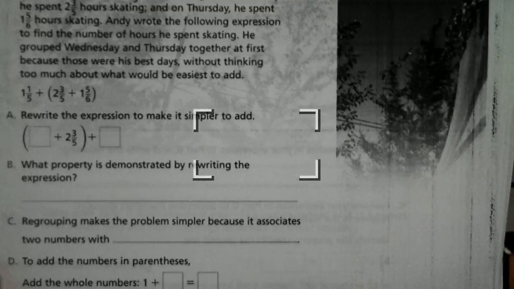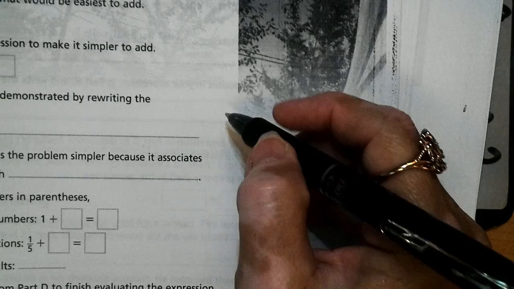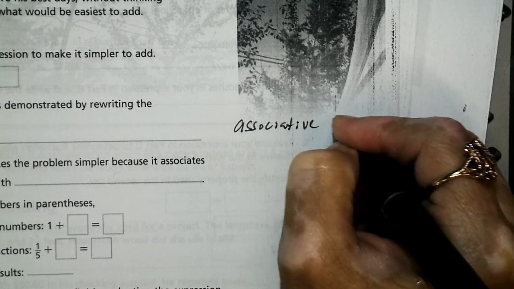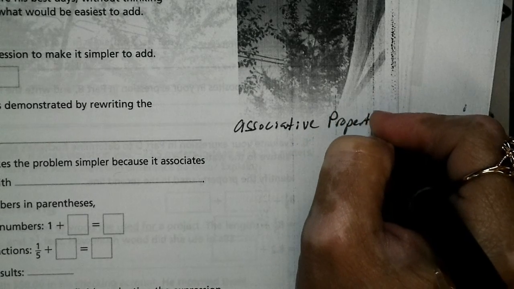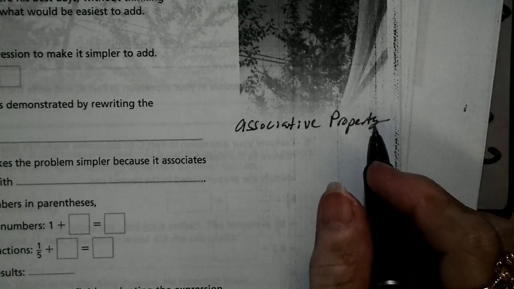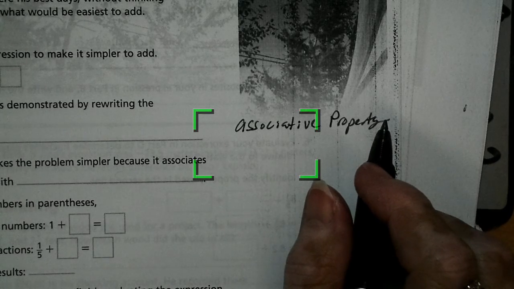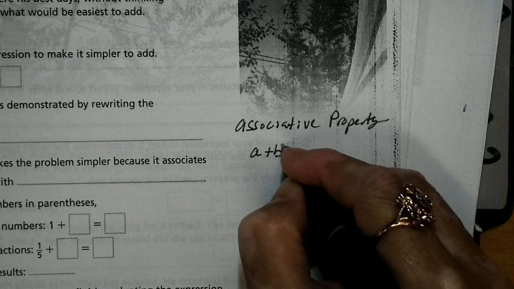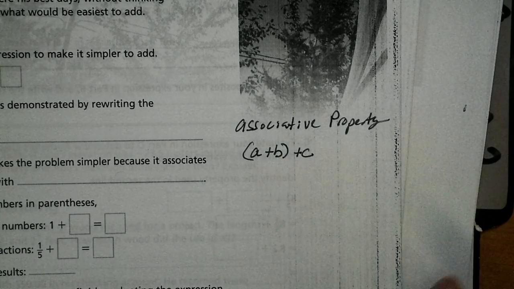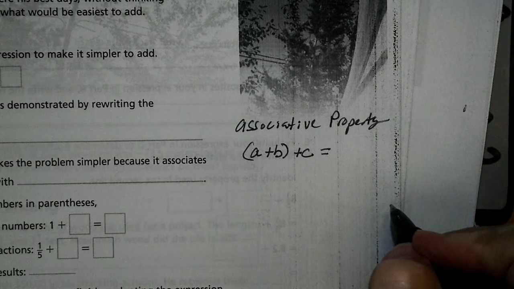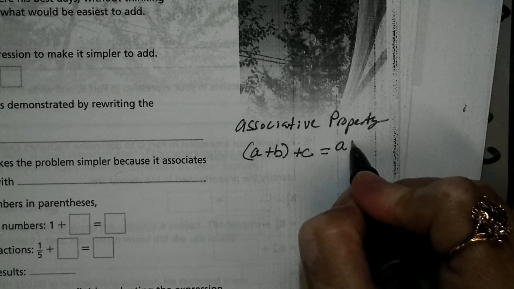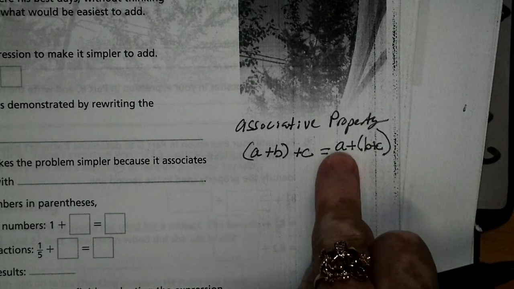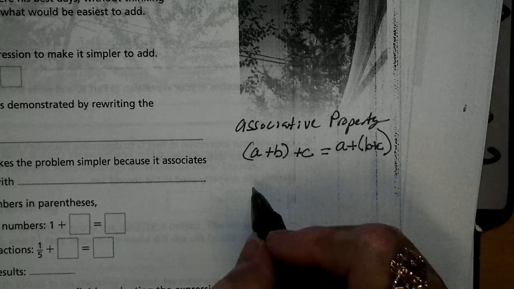The associative property, so I'm going to use this down here. So the associative property states that if I have A plus B in parentheses and C is on the outside, I could rearrange those parentheses and put A on the outside and then add B plus C. So let's put some numbers in there.